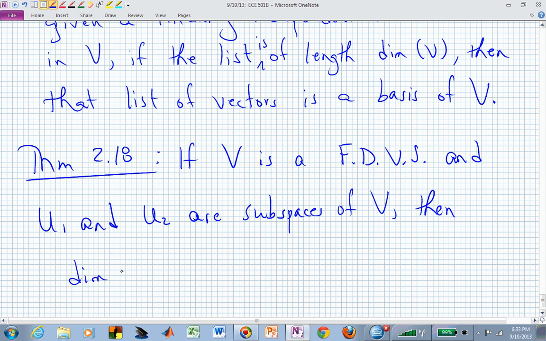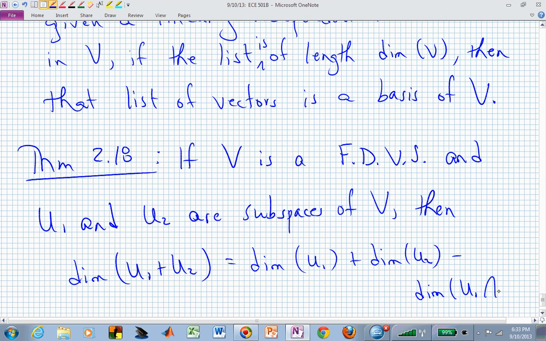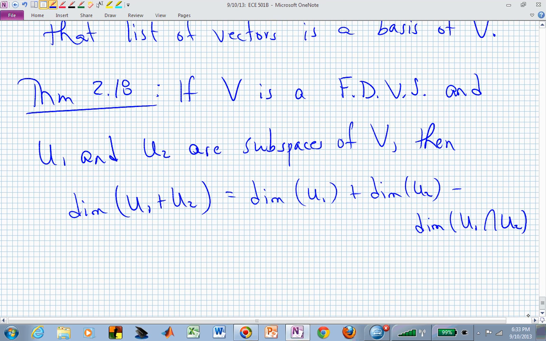Then the dimension of the sum of those two subspaces is equal to the dimension of U1 plus the dimension of U2 minus the dimension of U1 intersected with U2.